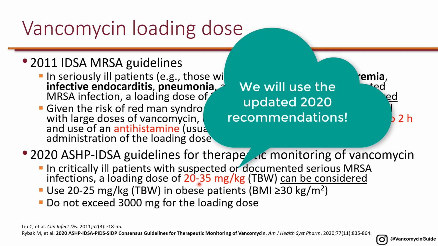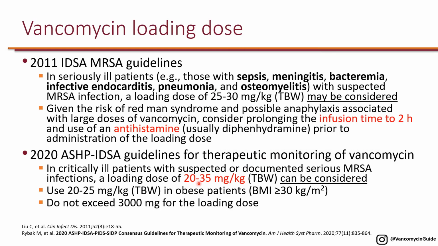They increase the range to allow better use of your judgment, so you can decide based on different characteristics of your patient which one would be more appropriate. And again, the language is can be considered, so it's not that you have to do it, but it makes sense to give this to patients with critical illness because they are at increased risk of mortality.